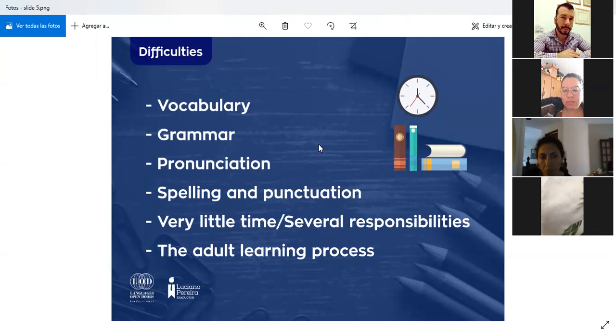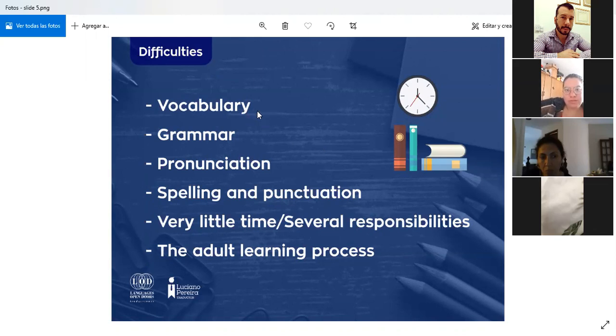And as Florencia said, the student tends to use the system that he knows in Spanish to speak the new language, the L2, and that is not possible. Also, students tend to make sentences by using the Spanish structure, and many times that is wrong. So that is the problem.